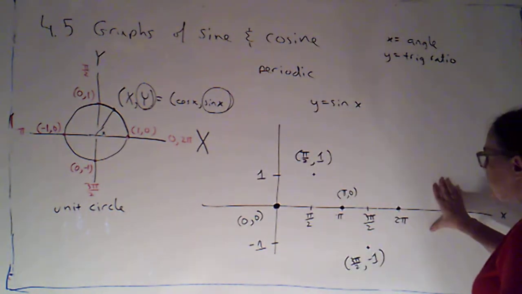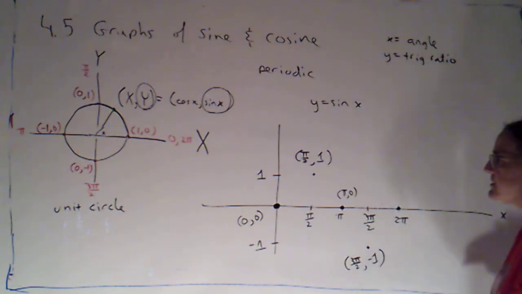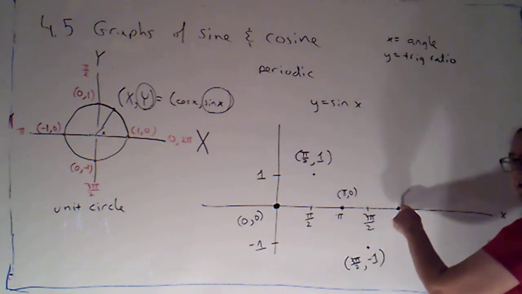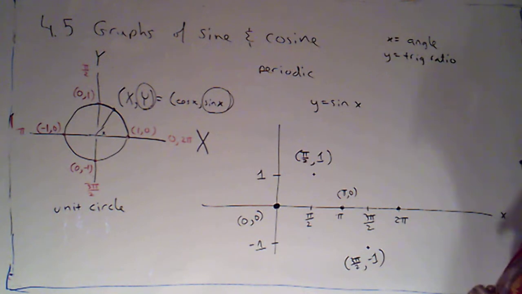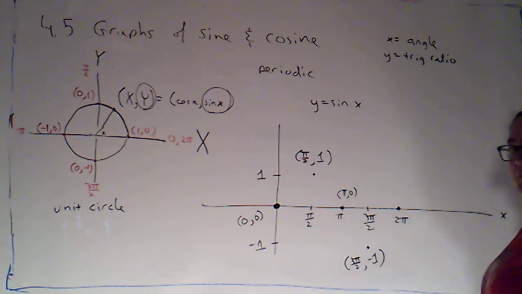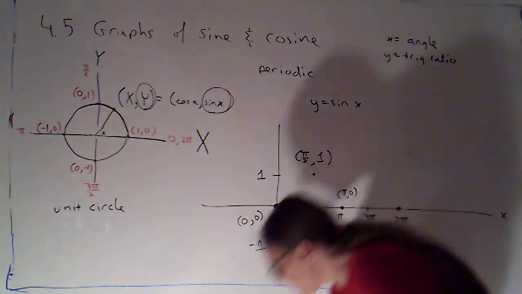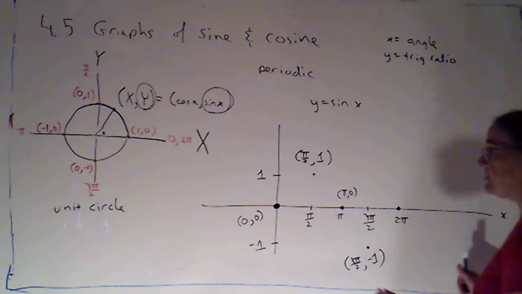All right, so I want to basically connect the dots and then show that the pattern continues. If I looked here, I might be tempted to just connect the dots with straight lines. Now, hopefully you remember that the sine graph does not have any sharp corners in it. To see that, I might plot a few additional points, because there are some nice acute angles that I'm familiar with.